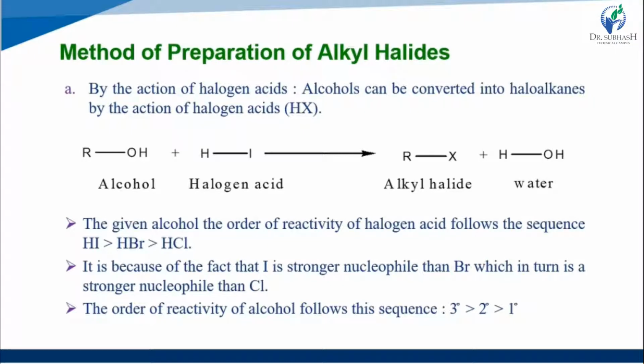This is because iodine is a stronger nucleophile than bromine, which is a stronger nucleophile than chlorine. Iodine is the strongest nucleophile. The reactivity of alcohols follows the sequence tertiary greater than secondary greater than primary.